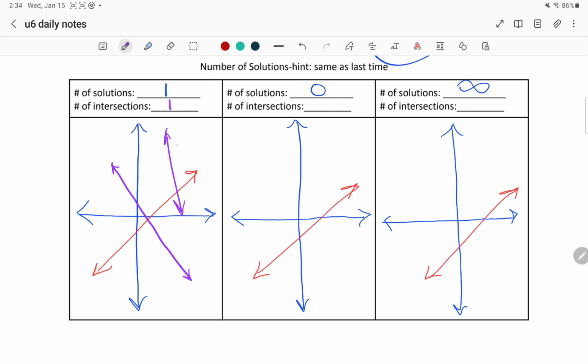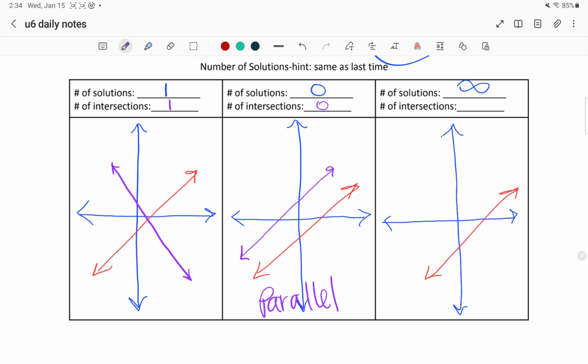It could be right here, it could be right here, but at the end of the day, when we have 1 solution, it only hits it 1 time, okay? When we have 0 solutions, you can imagine that means it intersects with our line 0 times. And the only time that will ever happen is if we have parallel lines, which is kind of cool.